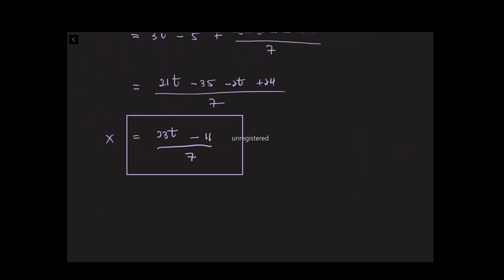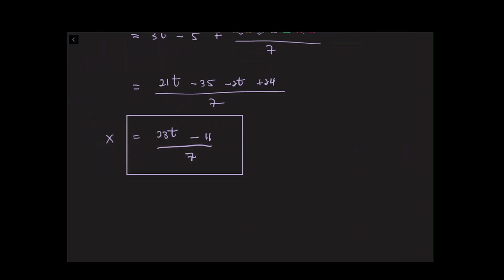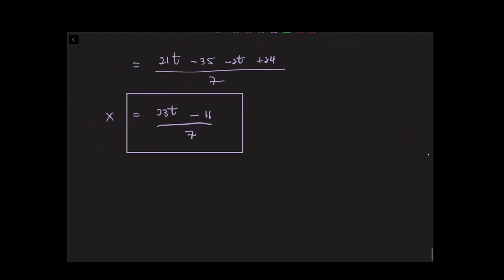Now I need to find, remember the question asked, let's go back to the question, a point that lies on both of them. So we find x and we find y. Now I have to choose a convenient value for t in order to get a point. If you had started with z equal to 0, your point will be different, but that's fine as well.